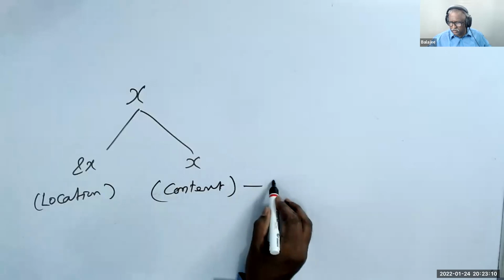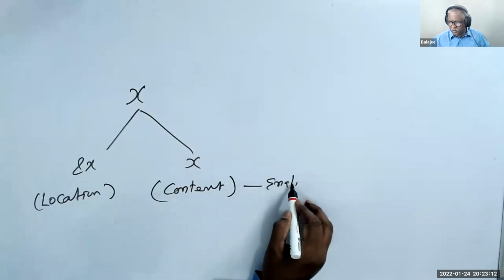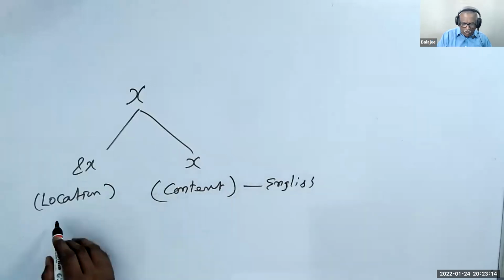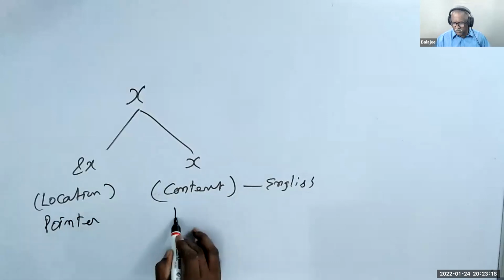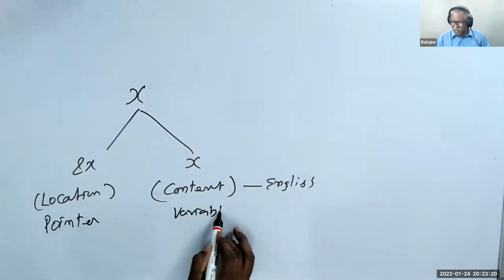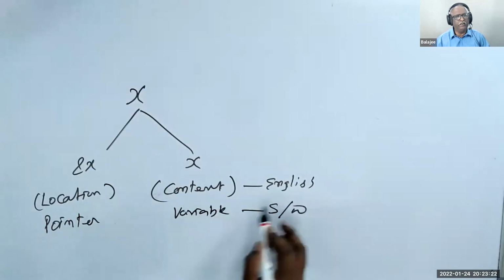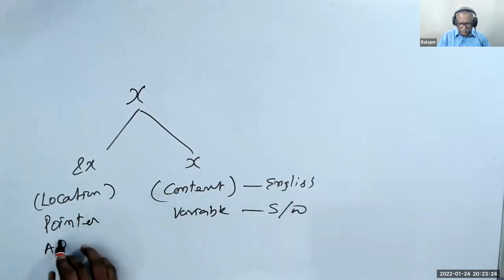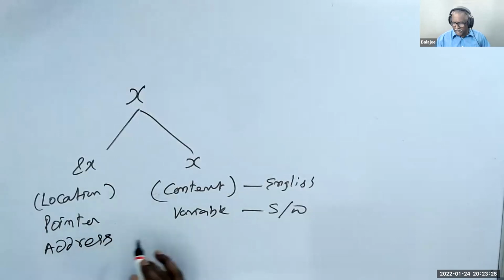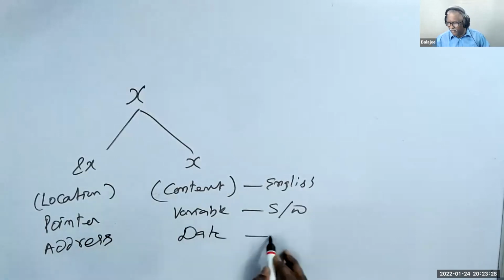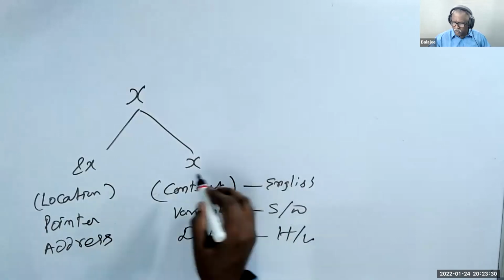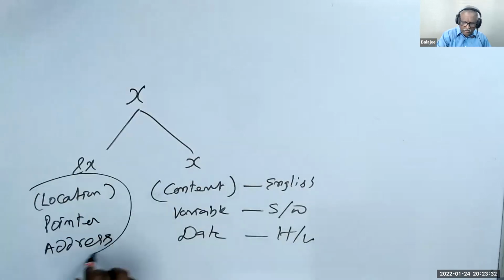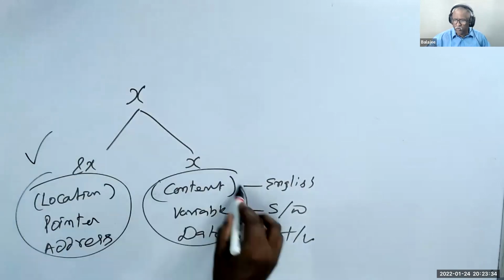This is English: the same thing we call pointer and variable in software. The same thing is called address and data in hardware. All three are the same. Don't get confused.